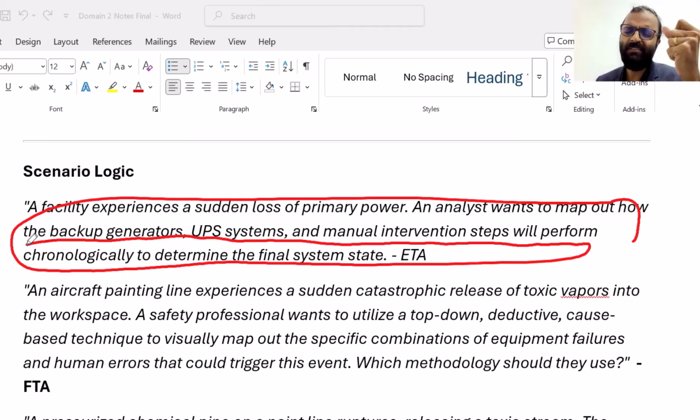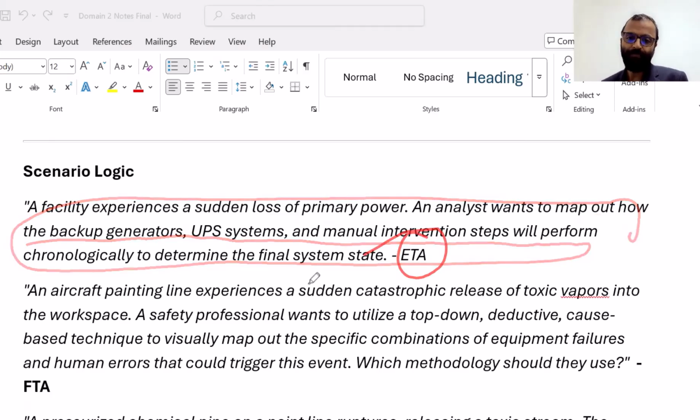The event is that your power has been lost. Now you want to understand what all things will come next, whether the DG will be working, whether the UPS system will be working. So you are moving forward here. You are not moving backward, you are moving forward. You are checking what all things will happen. You are using the inductive approach, not the deductive approach. You are moving from bottom to top. That is event tree analysis.